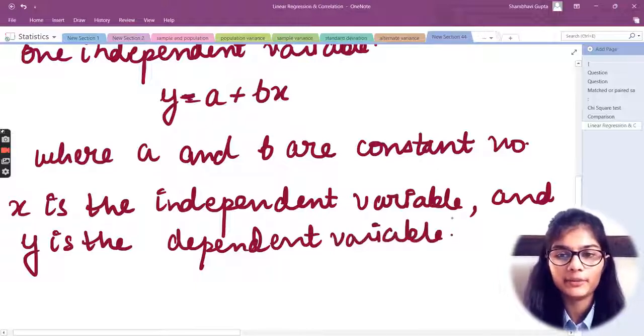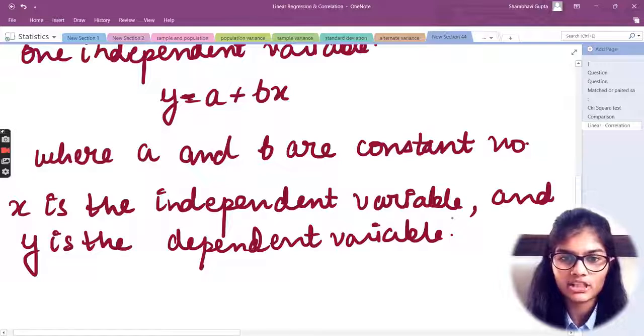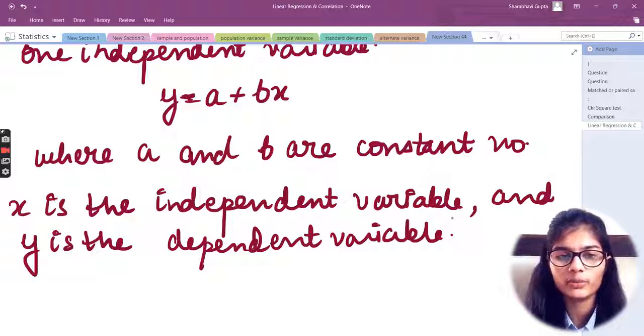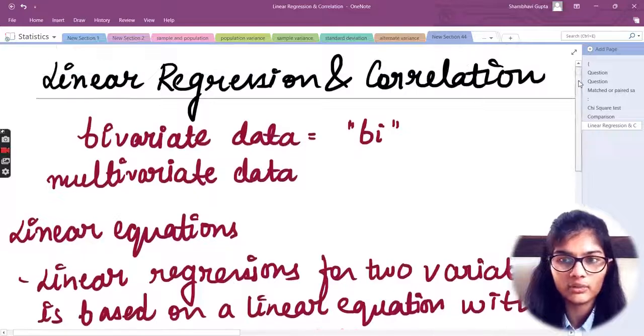So basically we choose which value we need to substitute for the independent variable, and then we solve for the dependent variable. In that similar case, x is the independent variable and y is the dependent variable which we are having here.